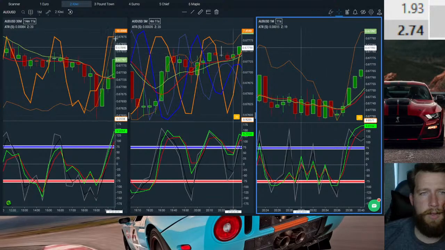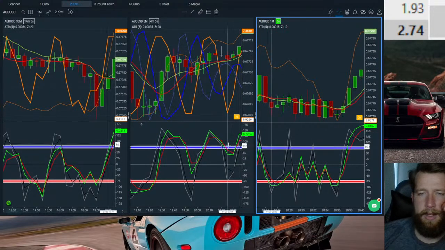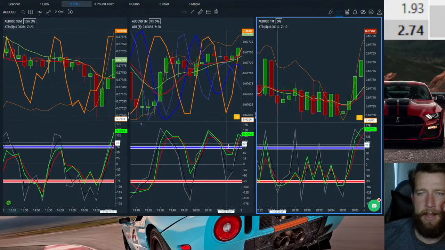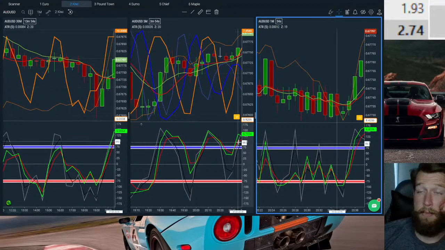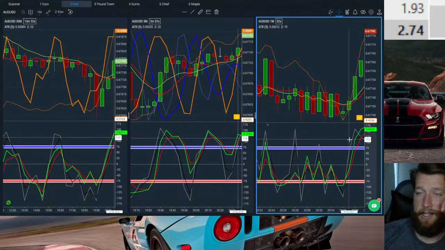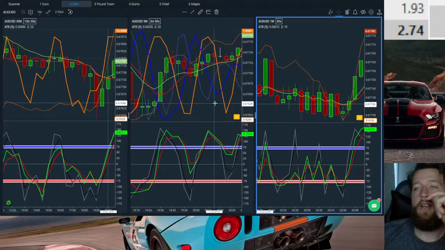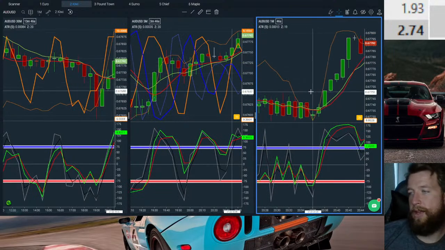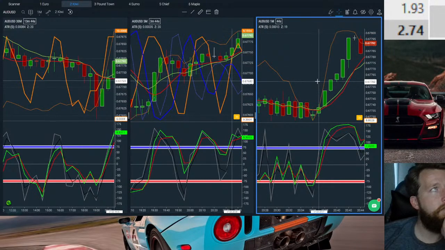And orange is pointing up here. And at the same time, that 5 minute candle was committing into bull territory at the same time on the 1 minute. So we wouldn't have gotten all this just because we have a take profit limit.